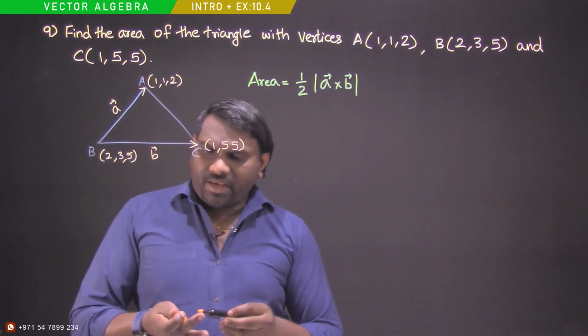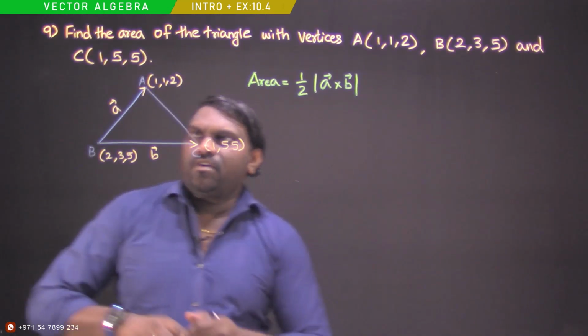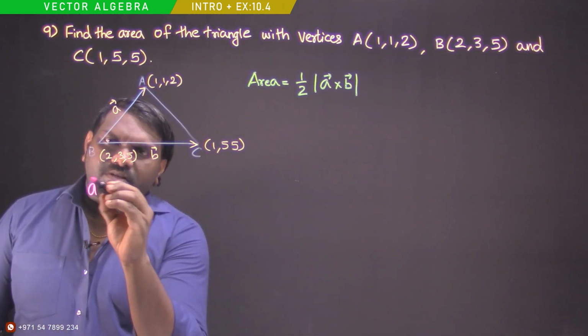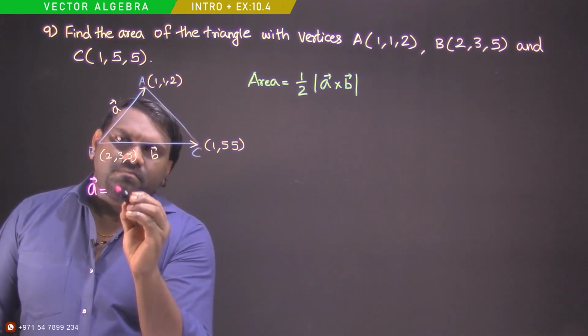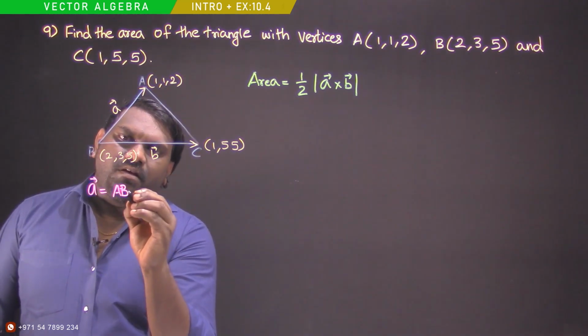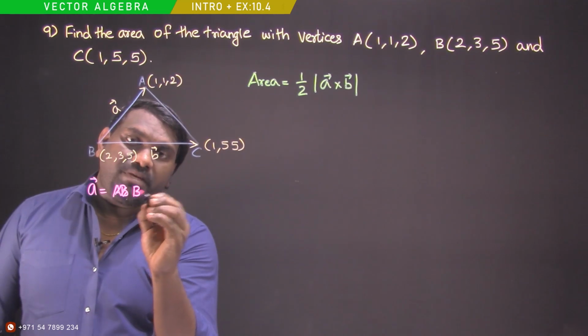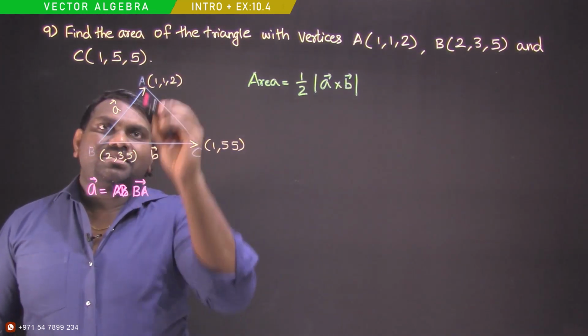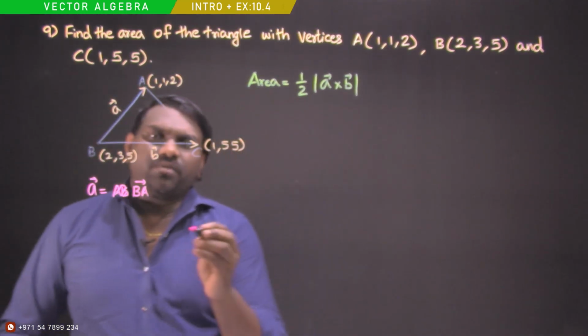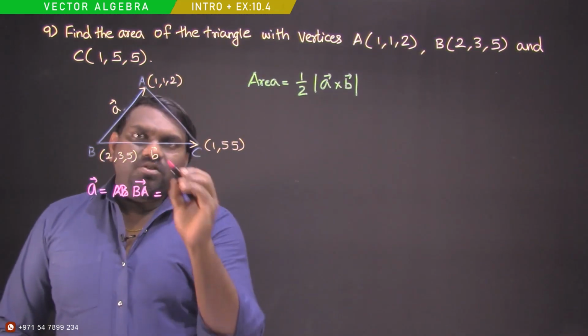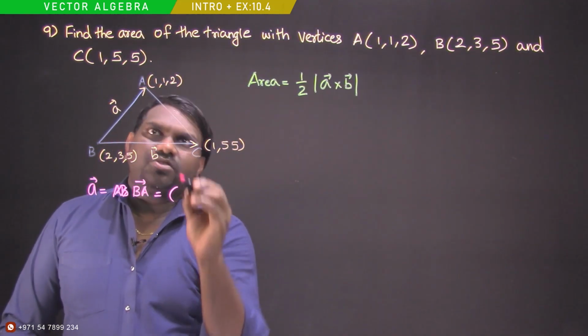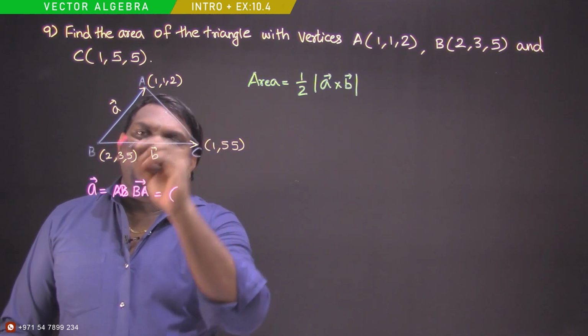Okay, so in that way, if you go for finding A vector, dear, A vector is nothing but, not AB, sorry, it is BA. Why? Because that is initial to final. So BA is what I'm going to find. If points are given, you need to subtract from final to initial.